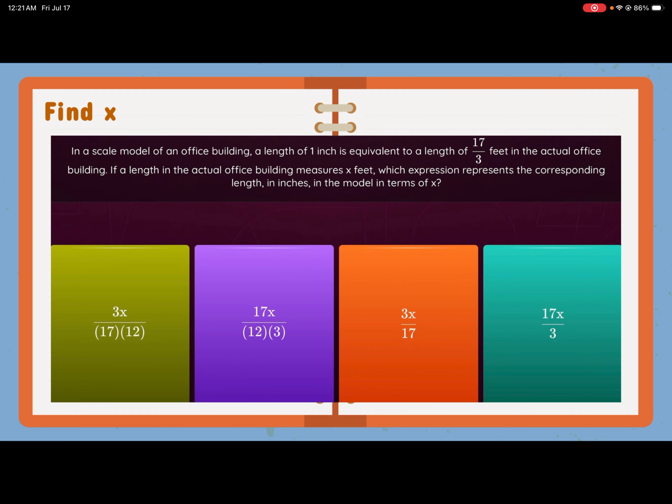So we actually don't need to multiply by 12 to get the number of feet, because we're just matching up inches to feet. Now the 17 over 3 is already in feet, and x is already in feet, but that translates to 1 inch. So we only want the length in inches.